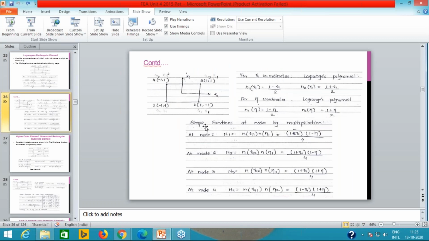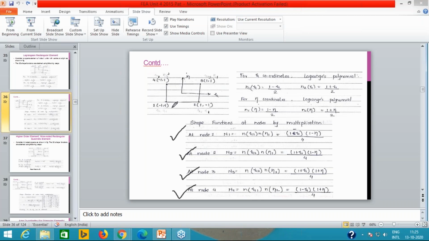For the Lagrangian element, the shape functions are: n1 is equal to 1 minus zeta into 1 minus eta upon 4, n2 is equal to 1 plus zeta into 1 minus eta upon 4, n3 is equal to 1 plus zeta into 1 plus eta upon 4, and n4 is equal to 1 minus zeta into 1 plus eta upon 4.